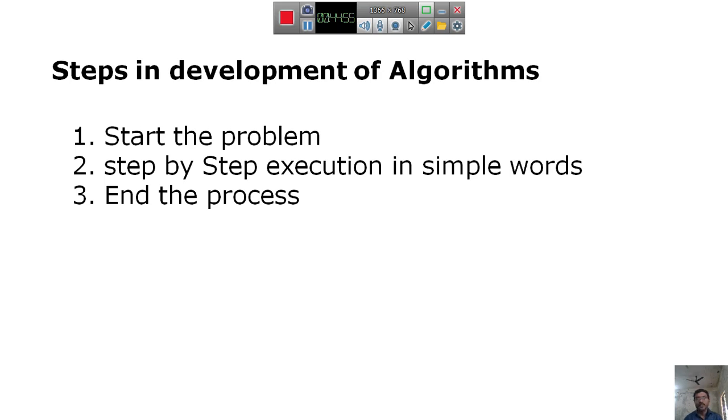For solving this problem with the help of the computer, we simply convert this algorithm into a program, that is, computer understandable language, that is called a program. Okay, so this is about this first topic. So thank you.